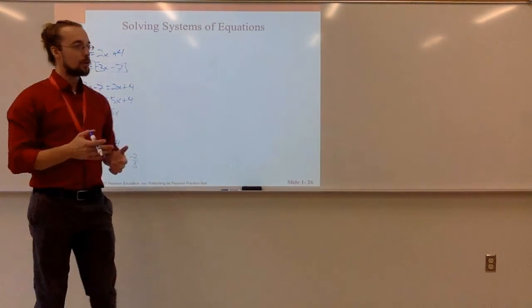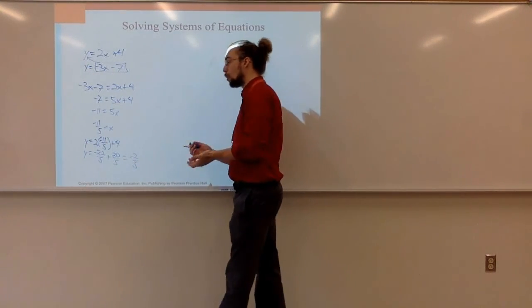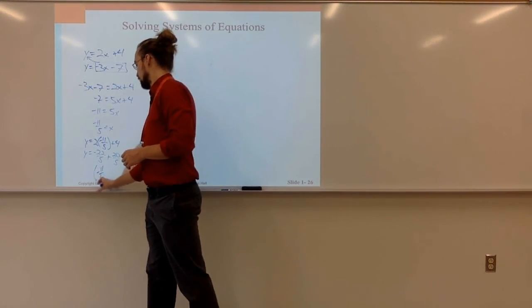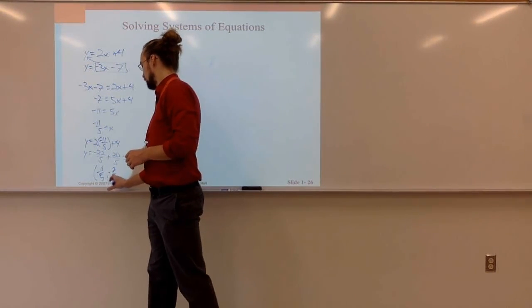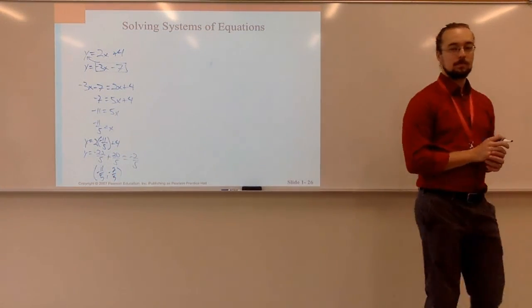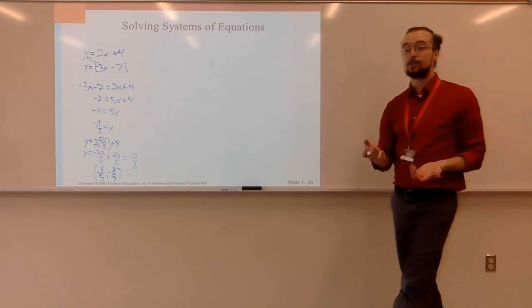So my final answer then would be the coordinate point. Negative 11 fifths, negative 2 fifths. Okay, so that's the substitution method.